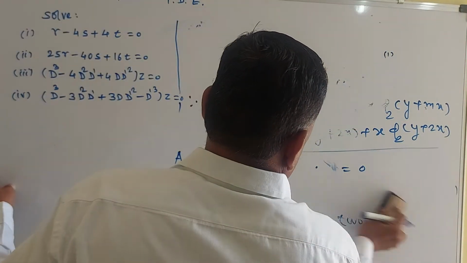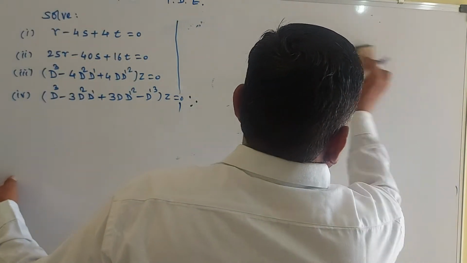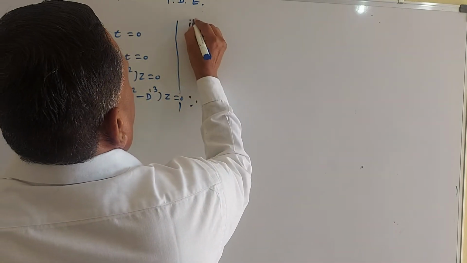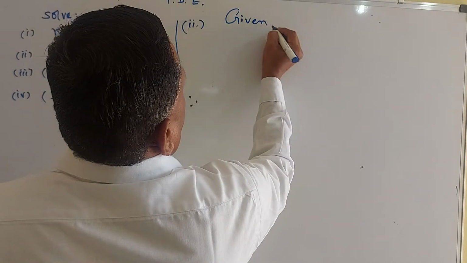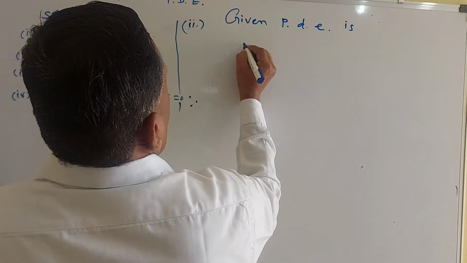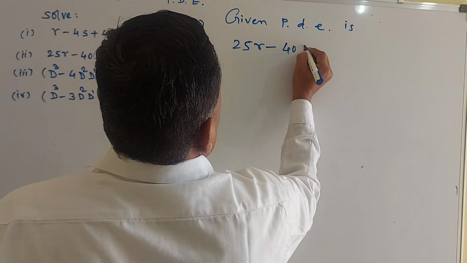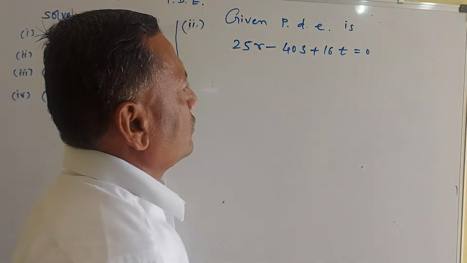Now second. The given partial differential equation is 25r minus 40s plus 16t is equal to 0.